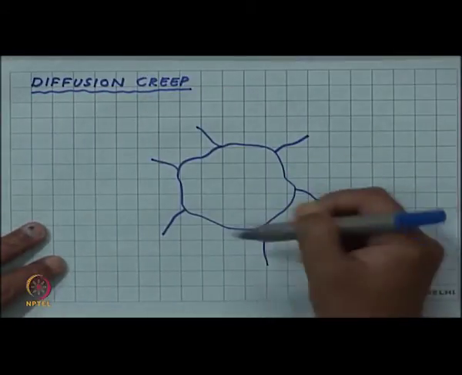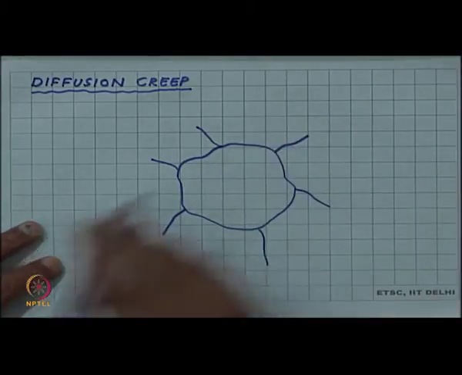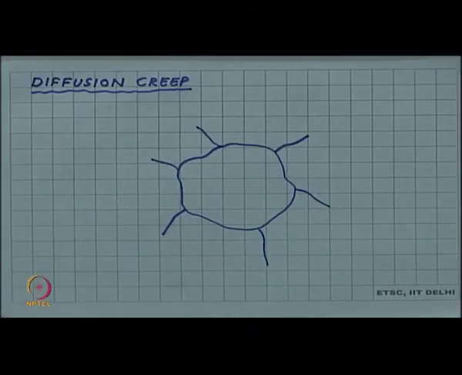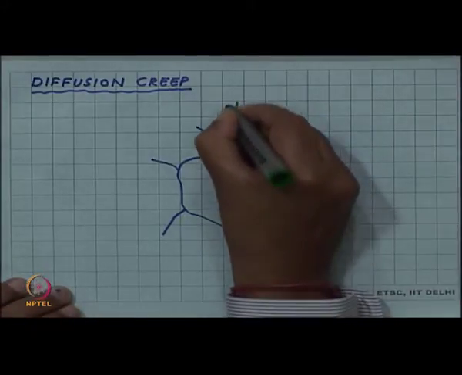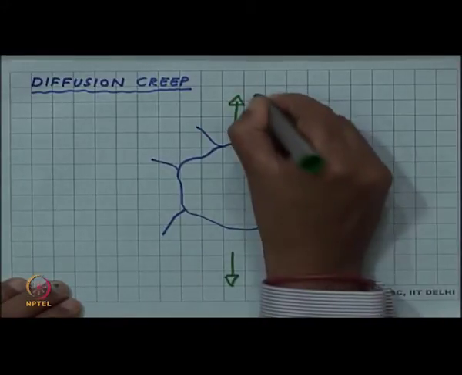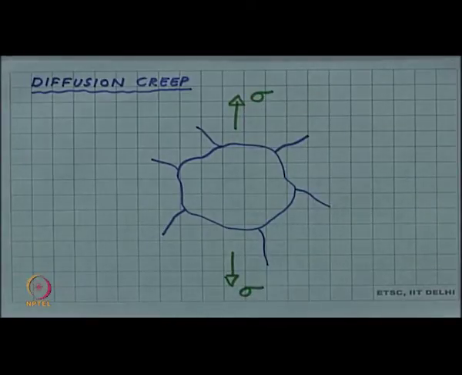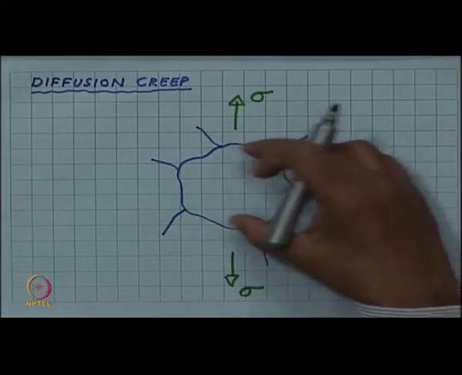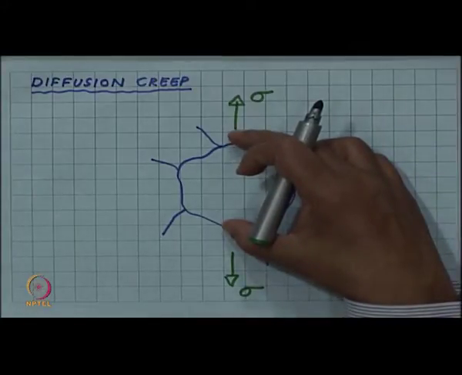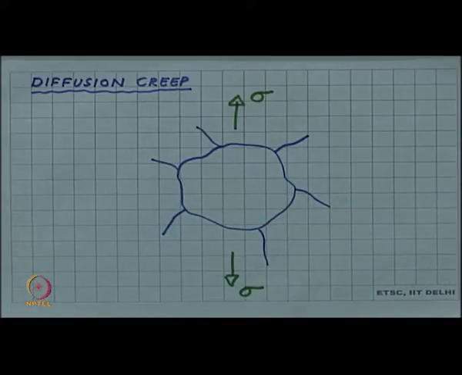So, this is a schematic of a grain, and these are all grain boundaries, and if this grain is subjected to a uniaxial tensile stress, then you know that the grain will try to elongate in the direction of the stress, whereas it will try to compress in the direction perpendicular to the stress.